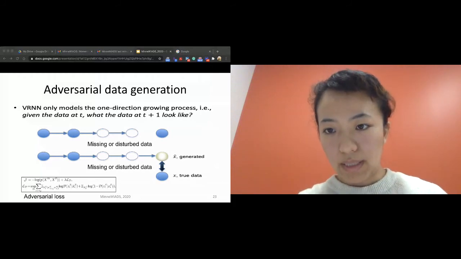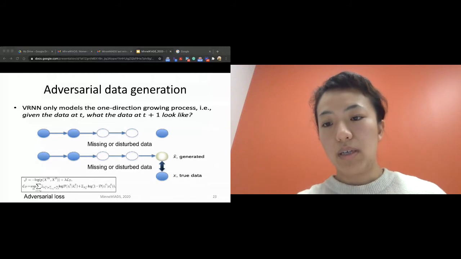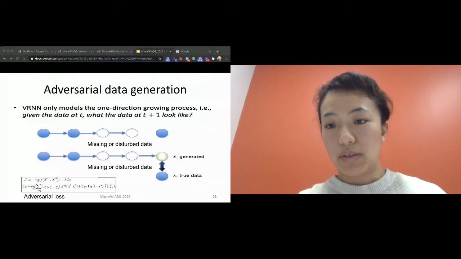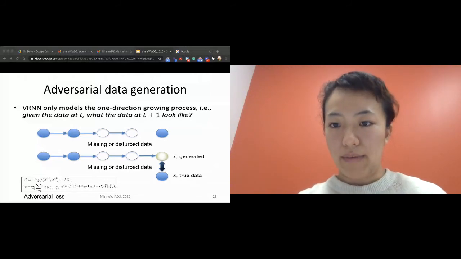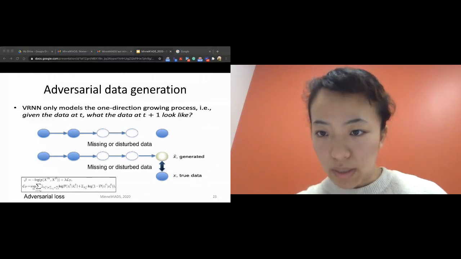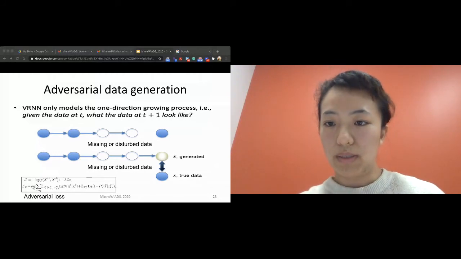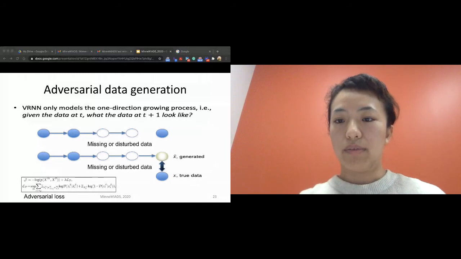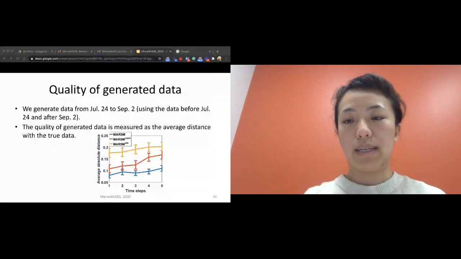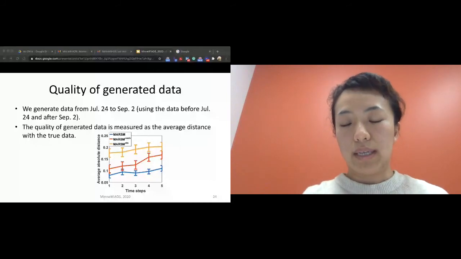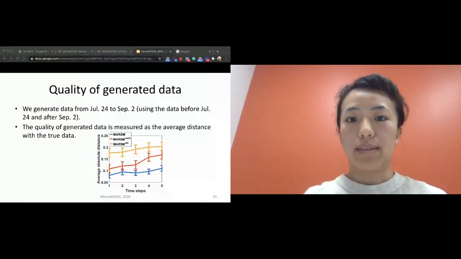This one is without the adversarial regularizer, and this red one is with the regularizer. So yes, we are getting better quality data by applying the regularizer.